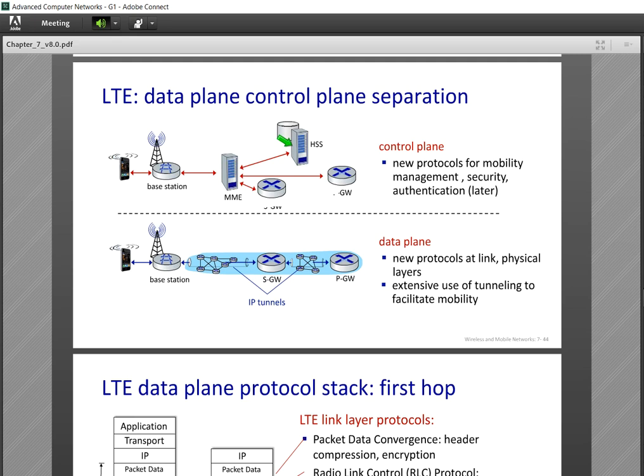Here, we can look at this connection as a control operation, or we can look at it as a data operation. What does it mean?